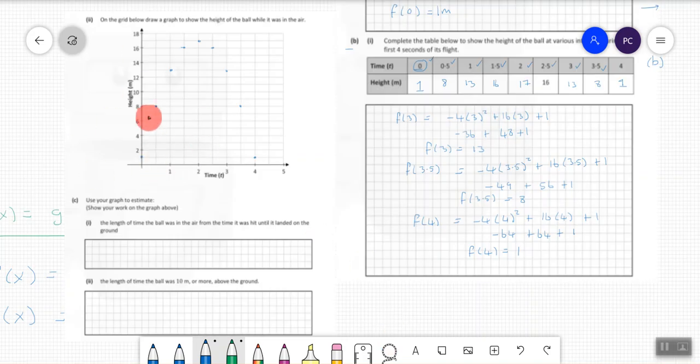Okay, so what we want to do now is just join up the points. So again, I'm just going to do it rough here, but just use your ruler when you're doing it. So you want to plot these points like so. So you can see we're getting that characteristic shape of a quadratic function.